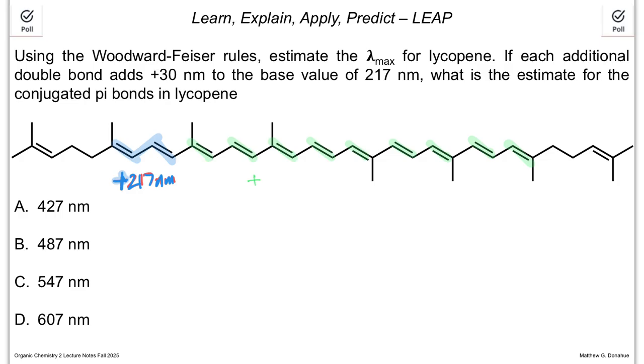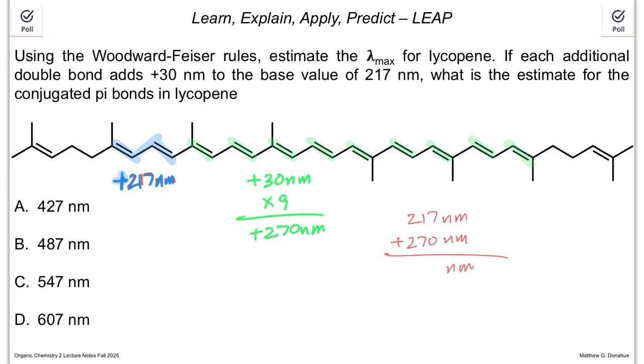So we have plus 30 nanometers times 9. That gets us plus 270 nanometers. And then I'll say 217. We'll just add these together. We get a 7, an 8, and a 4. So 487.